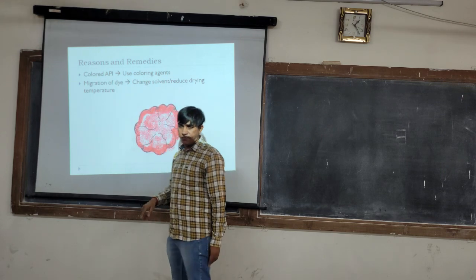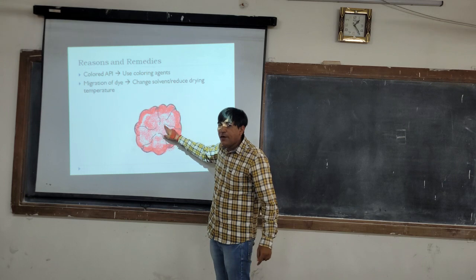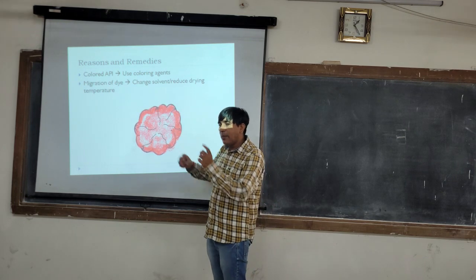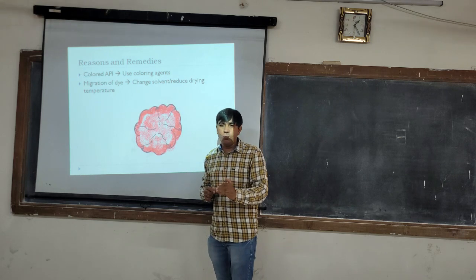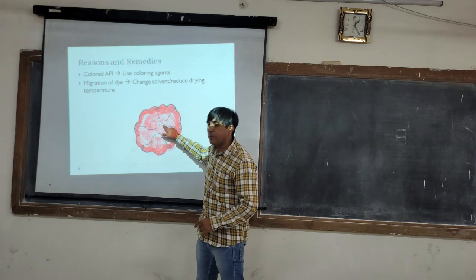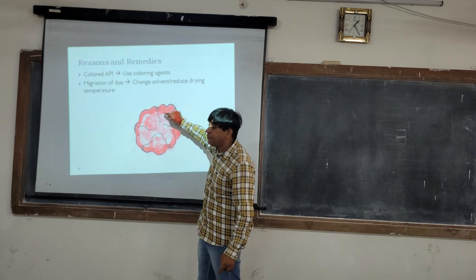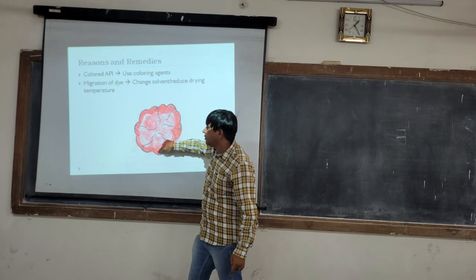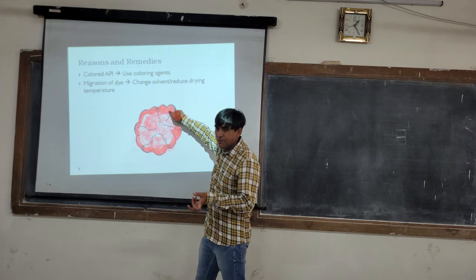Next is migration of dye. As I said, with wet granulation, the solvent migration will lead to migration of binder to the surface. Similarly, if we are using water soluble dyes, the dyes will also migrate during drying of the granules to the surface of the granule, which will make the surface with higher density of the dye.